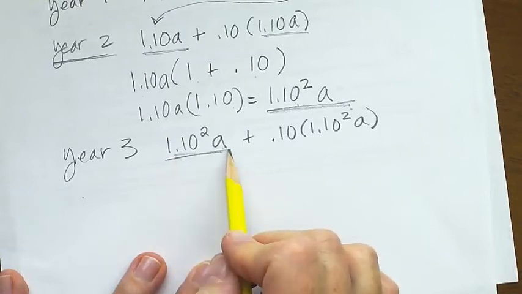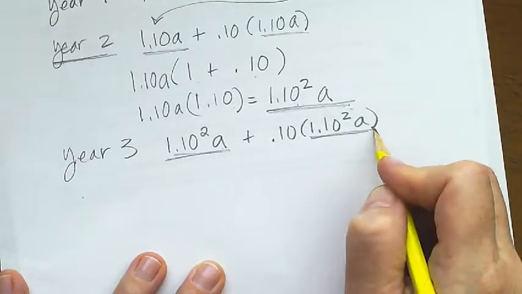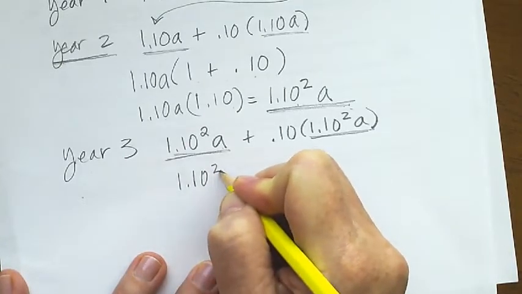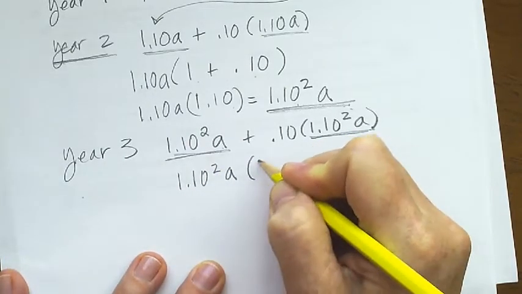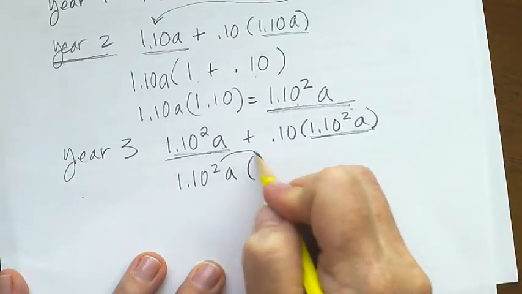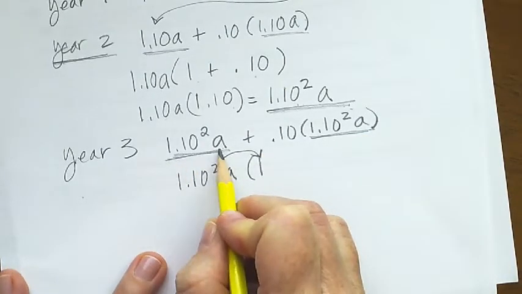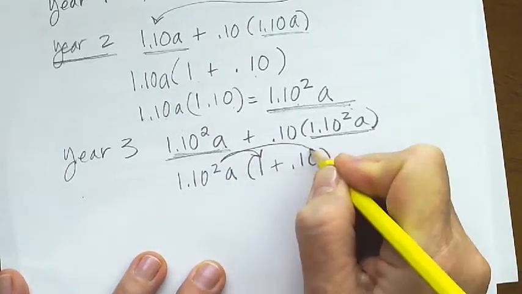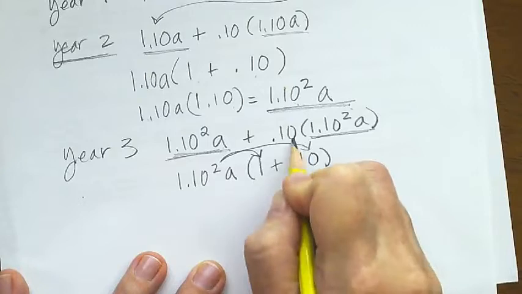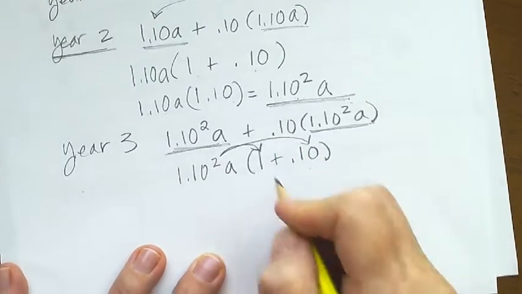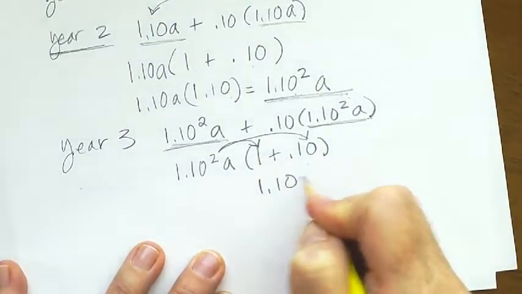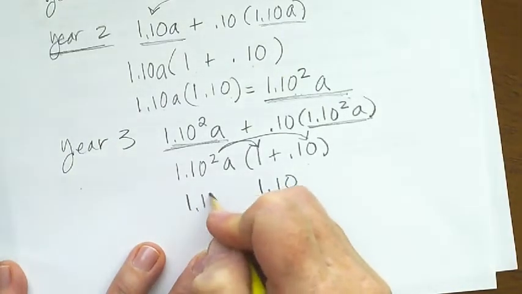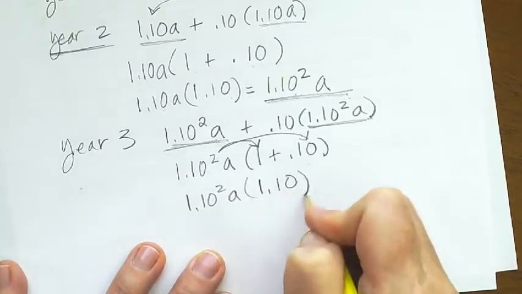I've got 1.10 to the second times A here and here, so I'm going to factor out that common term. That gives me a 1 here because this times 1 is this, and 0.10 here because this times 0.10 is all of this. This is 1.10, 1 plus 0.10, and this is 1.10 squared times A.